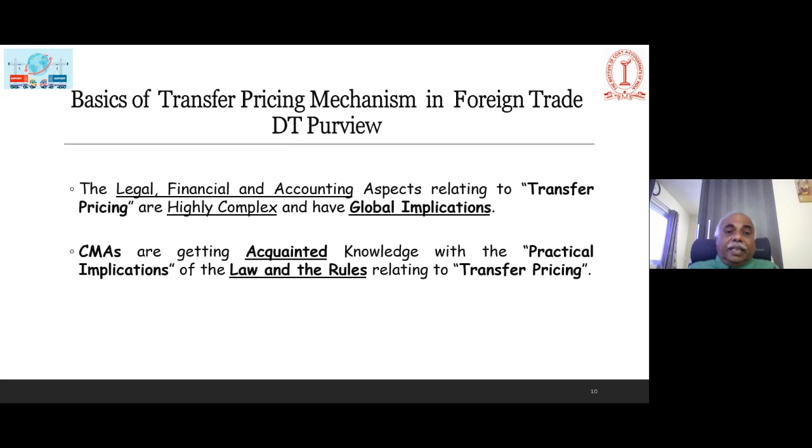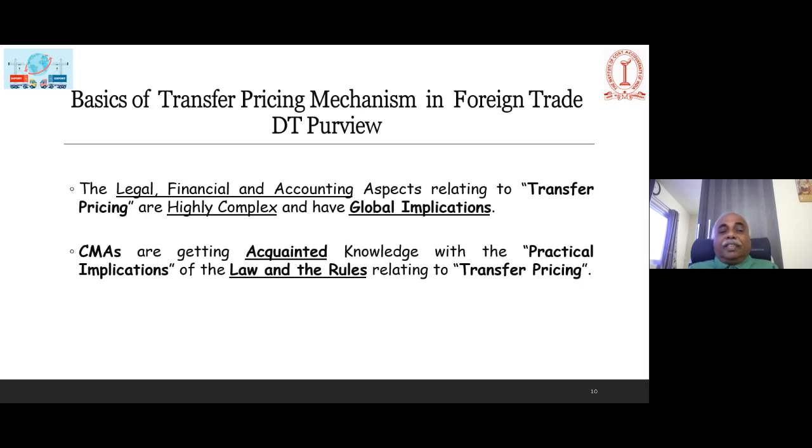Suppose the legal, financial, accounting aspects are highly complex. It is a complicated one, complex one, and global implications are also there. If at all my goods are moving from one country to another country, different types of taxes, the variation in taxes are there.